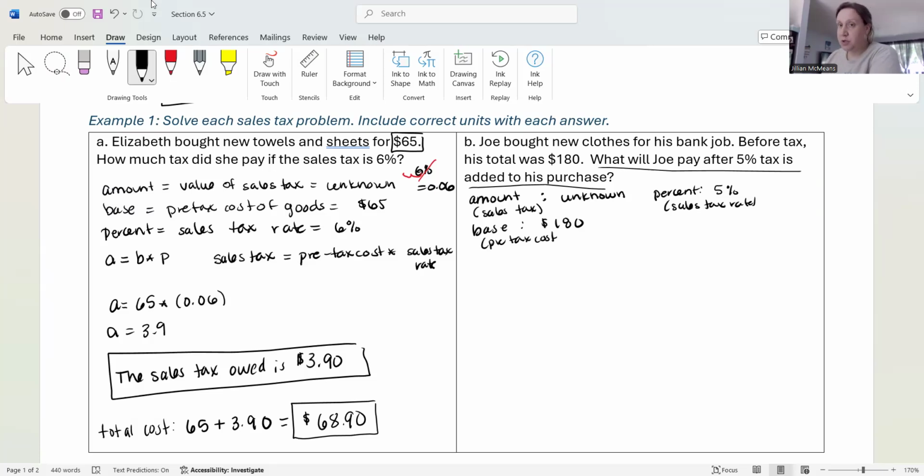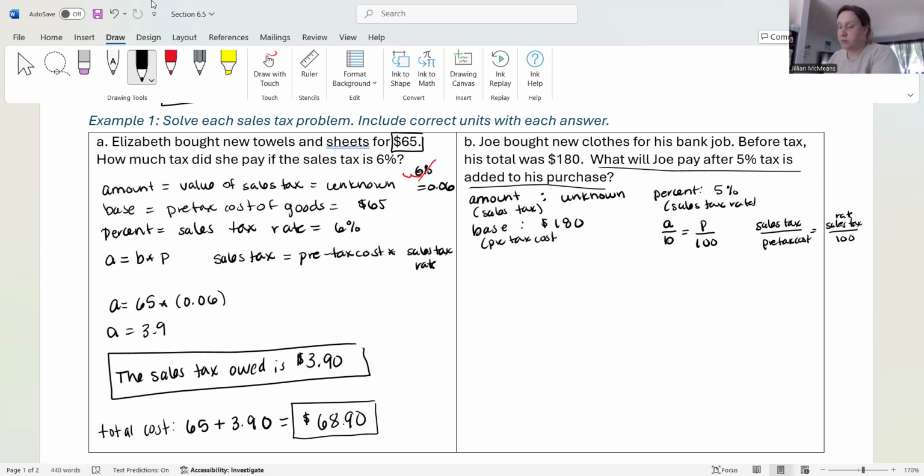And then remember, I'm going to show you the percent proportion this time. The percent proportion is the amount over the base equals the percent over 100. So if you want to think like sales tax specifically, we would say it's the sales tax over the pre-tax cost, and that's going to equal the sales tax rate over 100.